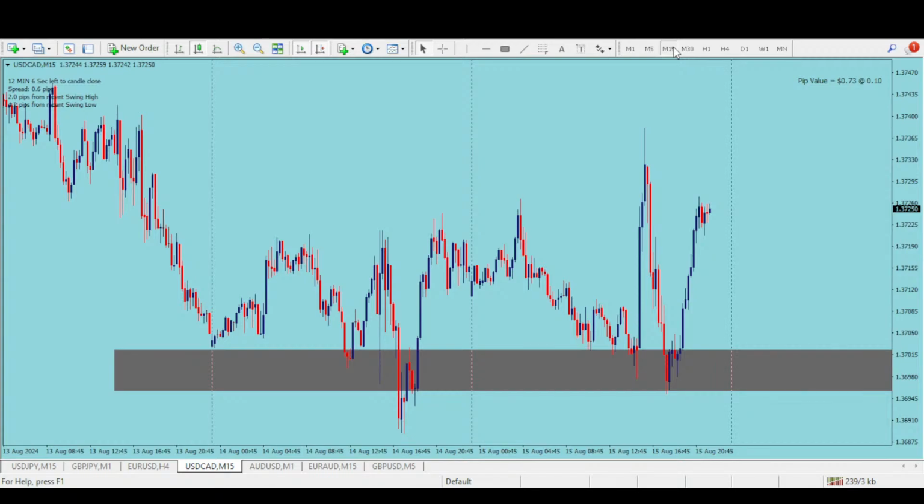I saw what happened here. So when it tested here, it retested it, it moved up. So as soon as it came down again, I entered a trade. Let me open my history to find out the exact place I entered that trade.